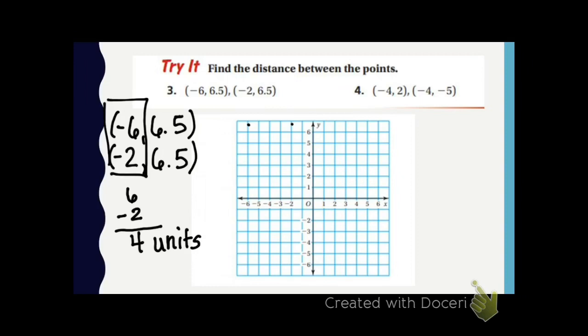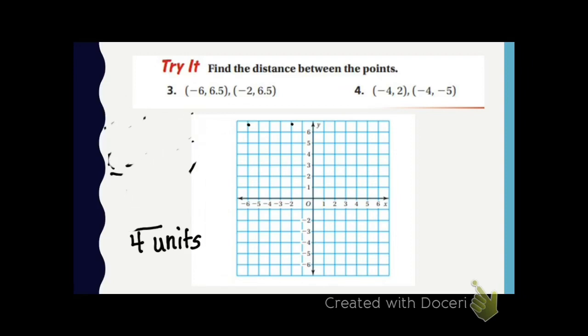All right, so let's go ahead. I'll erase this and we'll do the next one. Let's look at this next one. -4, 2. So start at your point of origin, go over to -4, go up to 2. -4, -5.